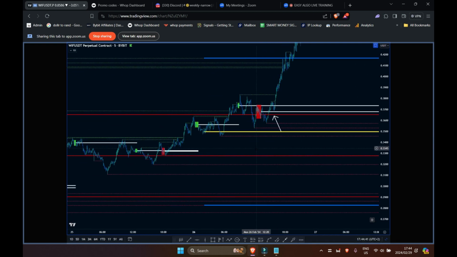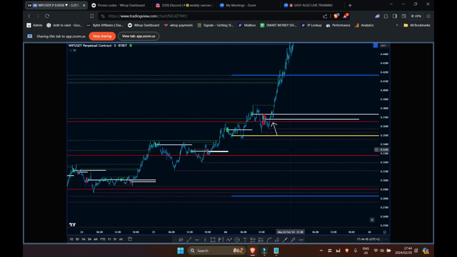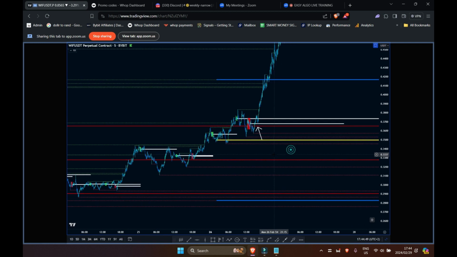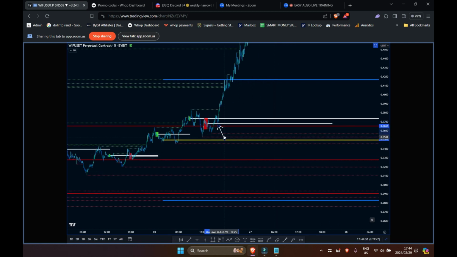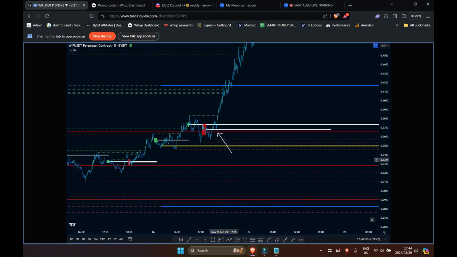So we know that the monthly pivot represents the long-term sentiment. If price is above a monthly pivot, it's showing that it's long-term bullish. The long term of the asset is bullish now. It's recovered up to this point where now it's become bullish on the long term.